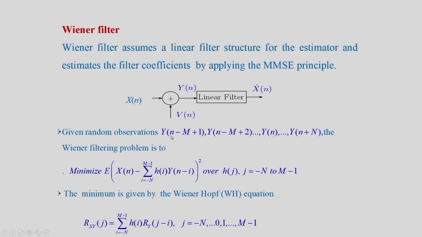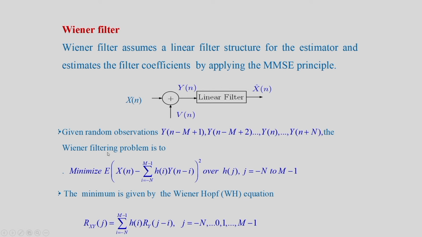Given random observations y(n minus M plus 1), y(n minus M plus 2) up to y(n) and then to y(n plus N), we have a block of signal from time instant n minus M plus 1 to n plus N, capital N. So, for this duration the signal is available.